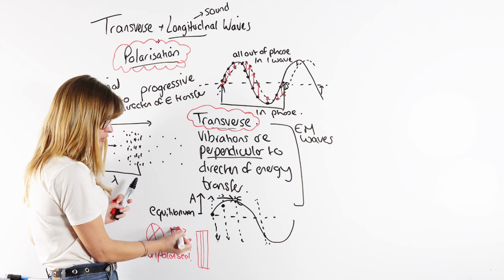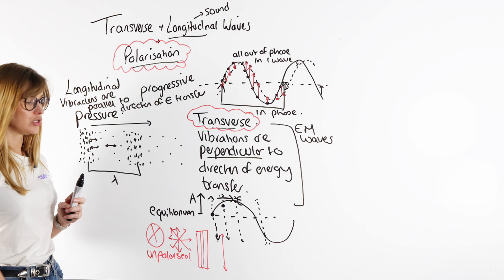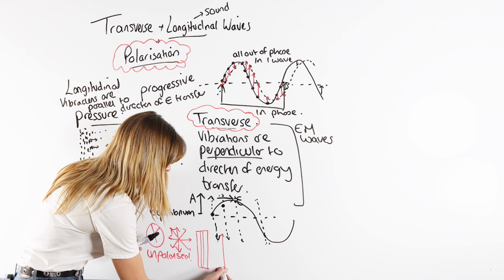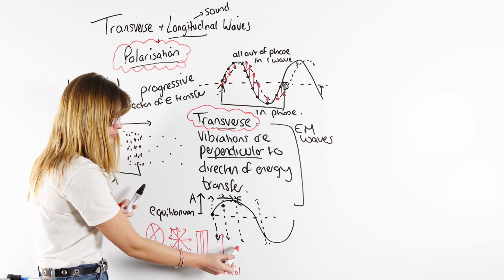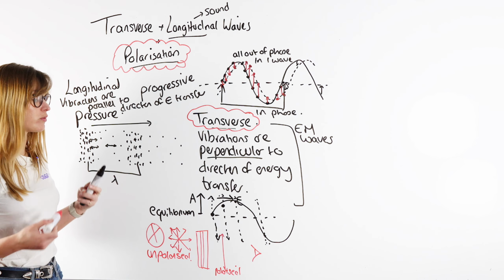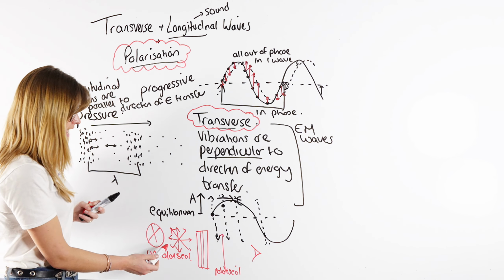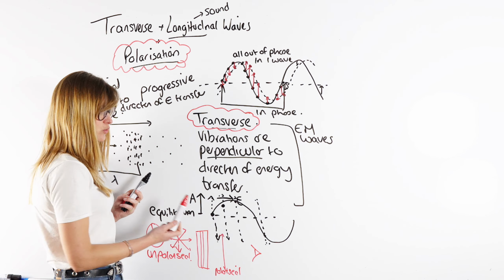So only the vertical parts of my light are going to get through. So this now is polarized light. So you can see the intensity of light coming through to me if my eyes were here is much less. That's why your sunglasses are good, or just this glare of the water. Because again, instead of having all these orientations, we've only now got that one orientation, so we've reduced the intensity of the light.